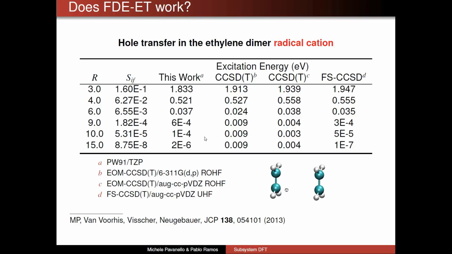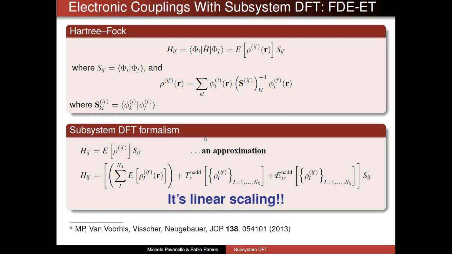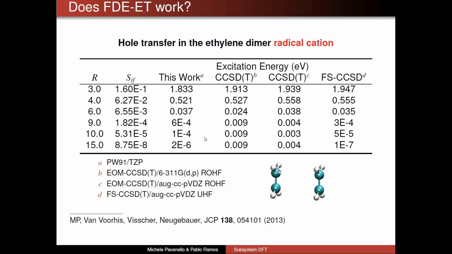Here, ethylene dimer is the interesting case because essentially if you don't get the Hamiltonian coupling right, so to go back here, if you don't get this quantity right, you don't get anything right. You see here different monomer distances. We have calculated this overlap, and then the excitation energy, which in this case is just simply twice the coupling, because this system is completely symmetric.